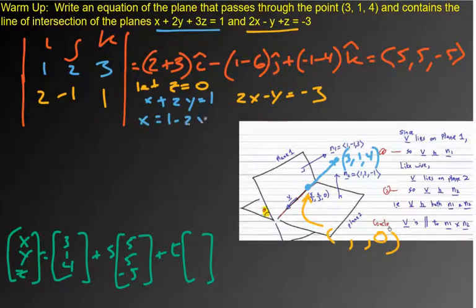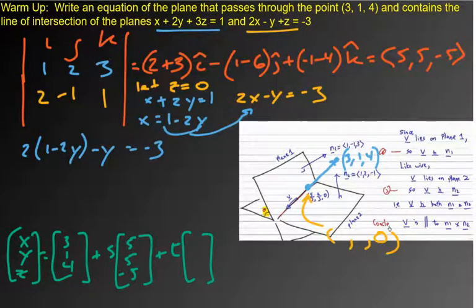x equals 1 minus 2y. Then I'll take that and put it in there. Here we would have 2 times (1 minus 2y) minus y has to equal -3. I'm going to use a calculator for some of this because I don't want to do it in my head. I get y equals 1. And then if y equals 1, if I go back up to here, it would tell me x is -1.